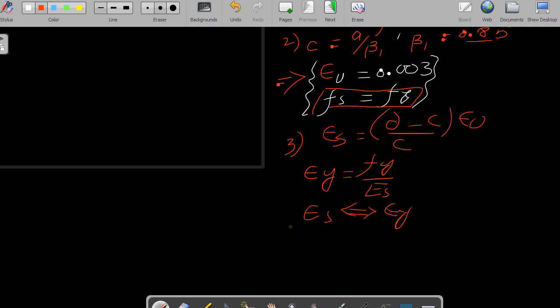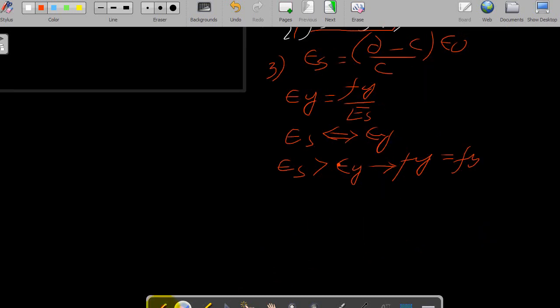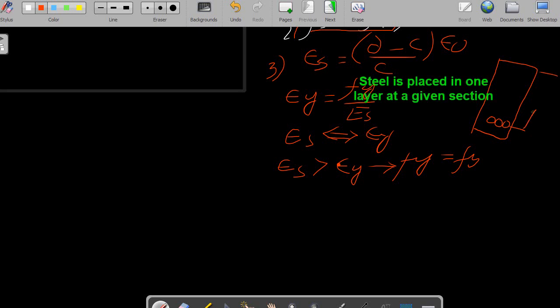If epsilon s is greater than epsilon y, what does it mean? It means that our criterion fs equals fy is satisfied, right? This means the steel is yielding. Sometimes, as I already discussed in part 4 or part 5, d will be equal to dt.